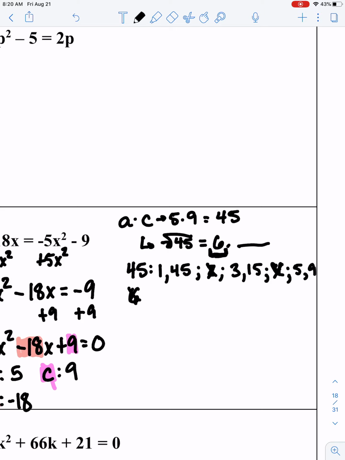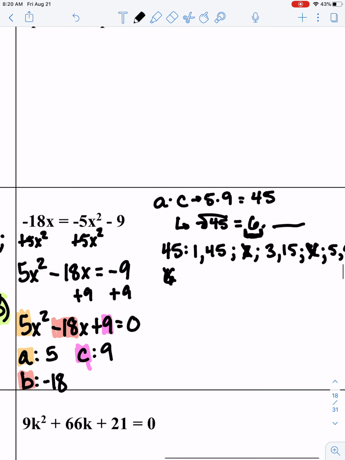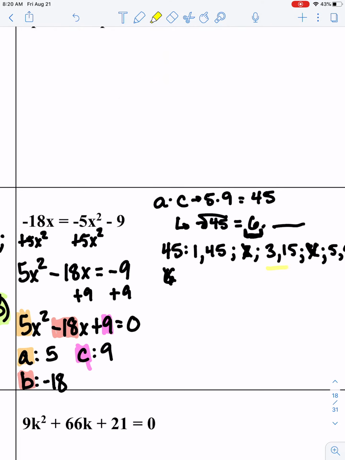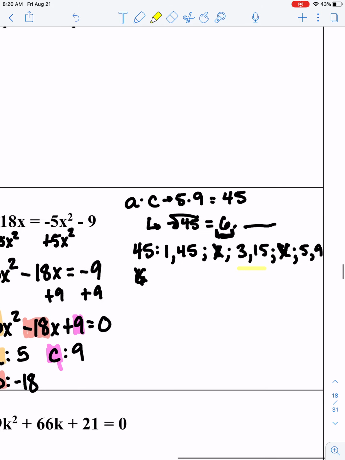So I have to find two numbers that can now add to get me negative 18. Well, 1 plus 45 is 46. 3 plus 15 is 18. If that was negative 18, that would be great. So I'm just going to put a highlight here, because the 18 interests me even though it's negative. 5 plus 9 is 14.